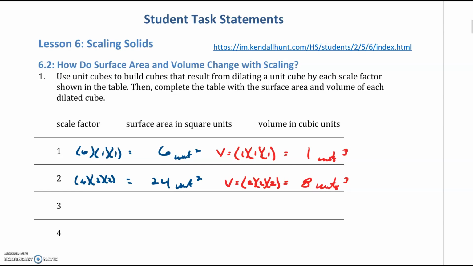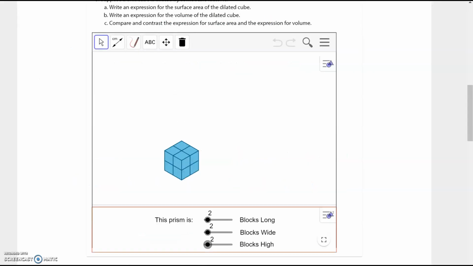Let's go down to a scale factor now of 3. So let's increase it to 3 units long, 3 units wide, 3 units high. Again, surface area is going to be just this front side, which is 3 by 3, and we have 6 of those.